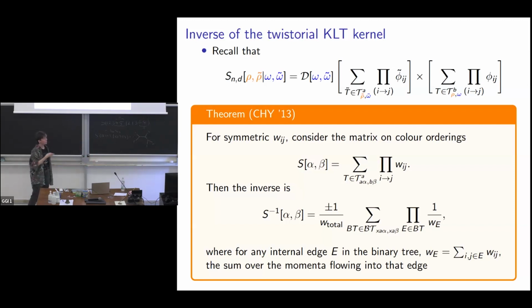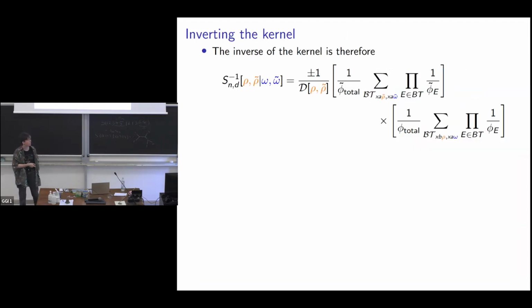So that gives us the inverse of this object here, given by 1 over this prefactor, and then a sum over all binary trees that are compatible with both orderings, in this sense here, weighted by these phi's that I've not talked very much about. But you can view these basically as propagators.